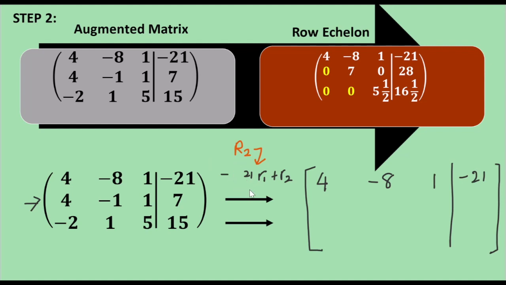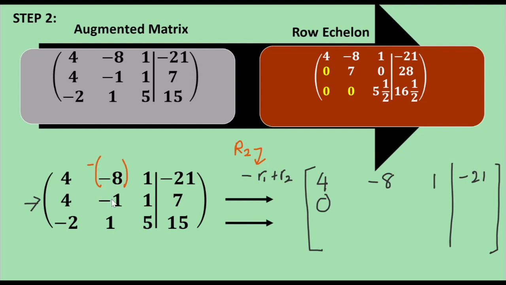So the value here is simply negative 1. Okay, so we have negative 4 plus 4 as 0. Negative multiplied by negative 8 becomes positive 8.